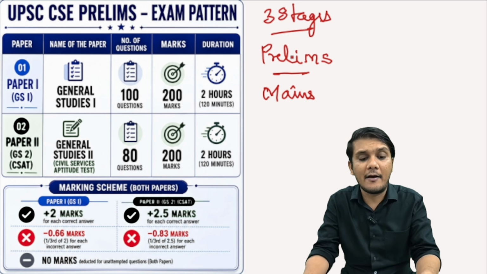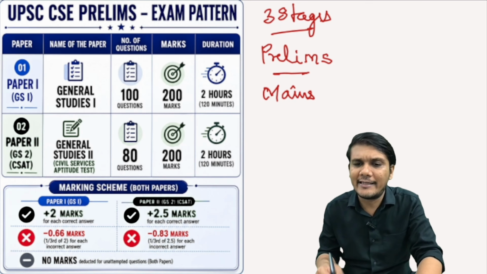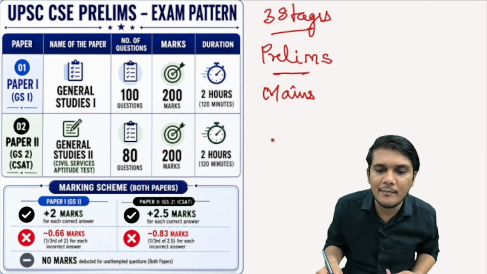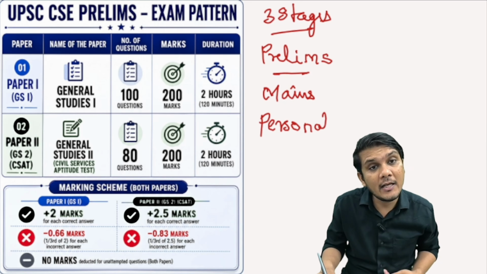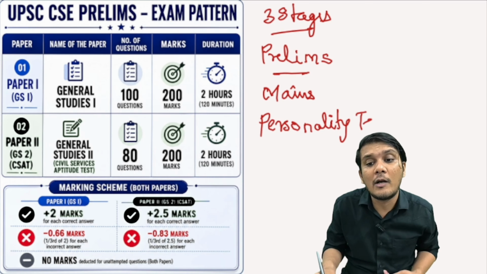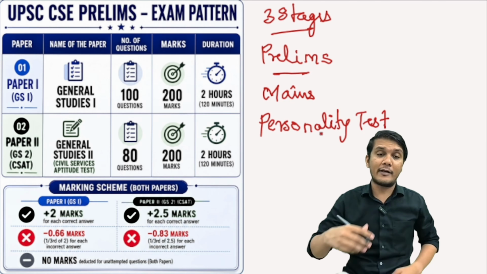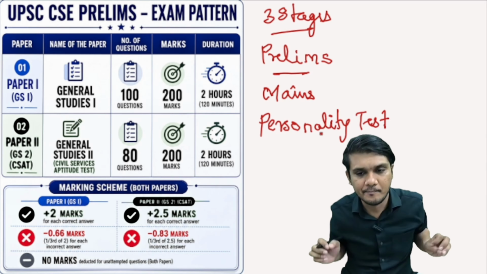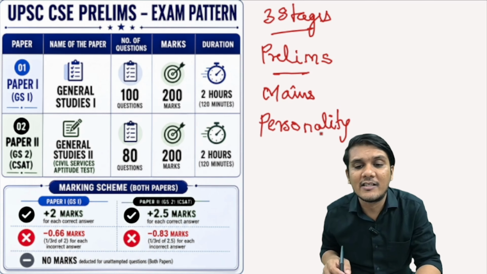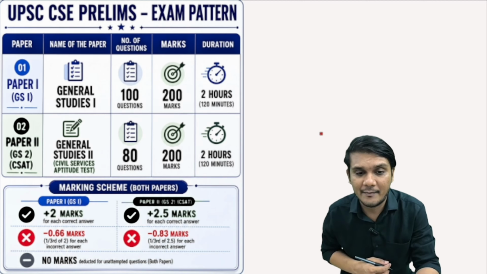And then you have the third stage, which people call the interview, but its name in the notification is the personality test. It's very important for you to know that it is called the personality test so that you prepare for it as a personality test and not just an interview wherein your knowledge is tested. So these are the three stages in the UPSC examination.